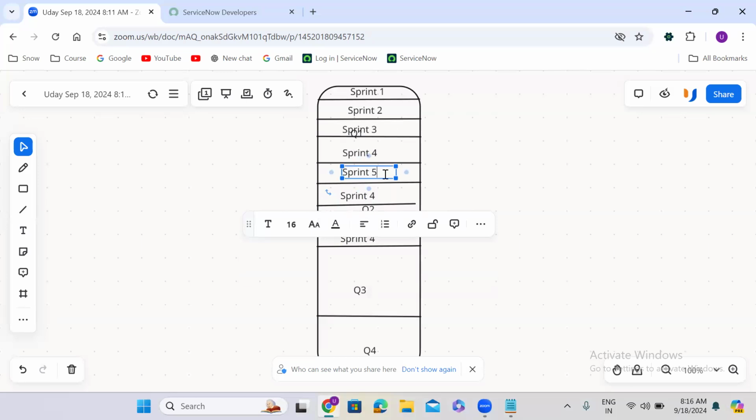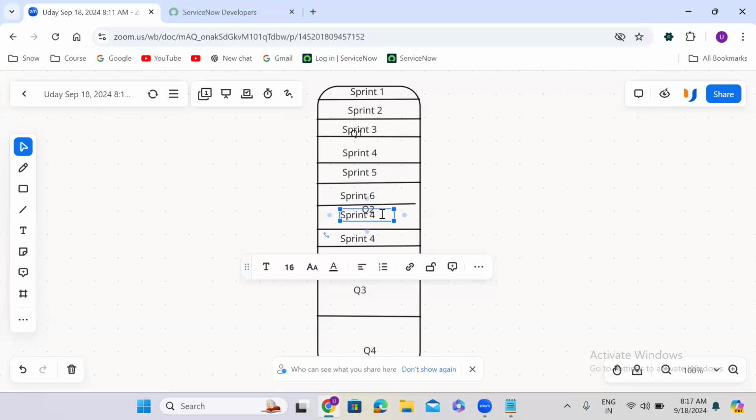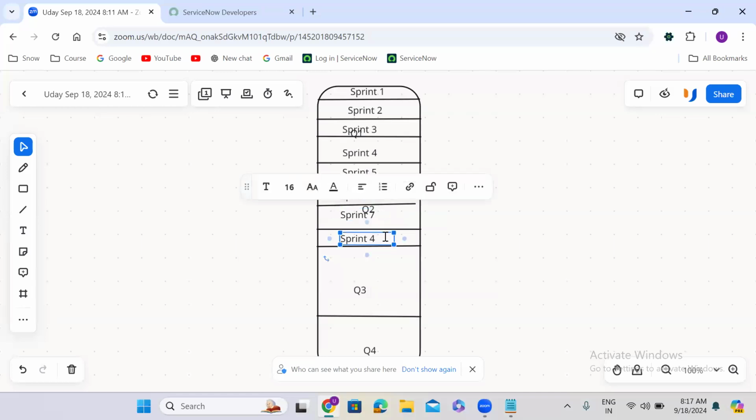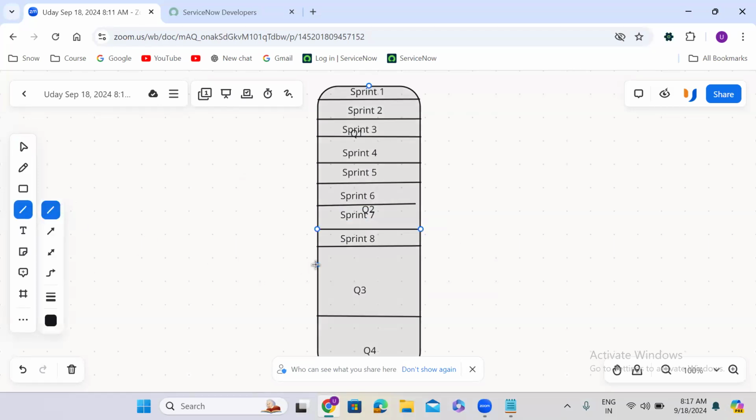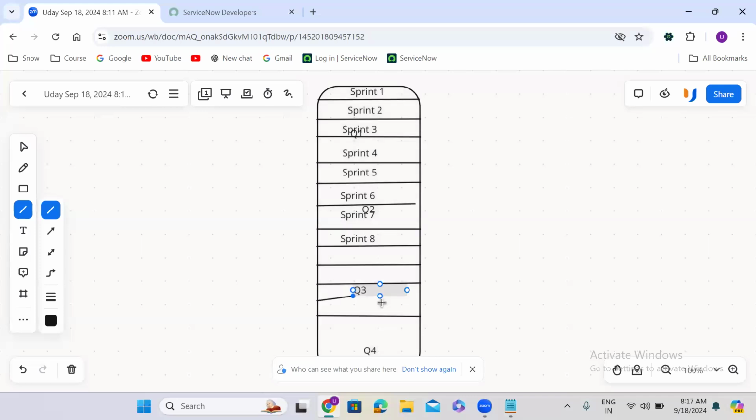Sprint five, sprint six, sprint seven, sprint eight. So likewise there will be 12 sprints for every year.